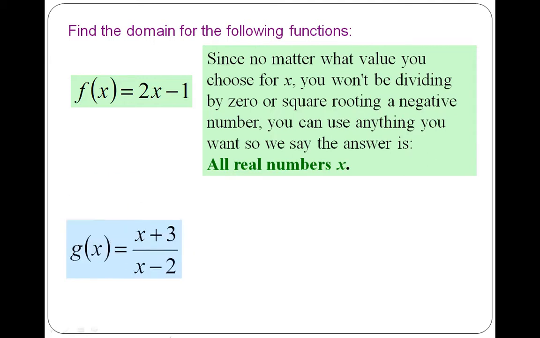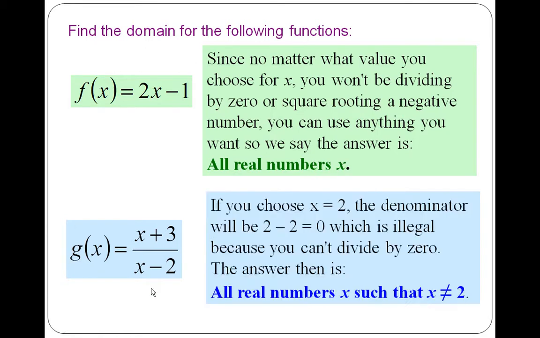Alright, what about g of x? Can we substitute any x value into these x's? If you choose x equals 2, the denominator will be 2 minus 2. So we can't use the number 2. The answer for the domain is all real numbers except 2, or all real numbers x such that x cannot equal 2.